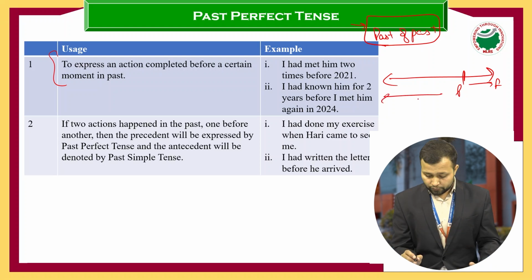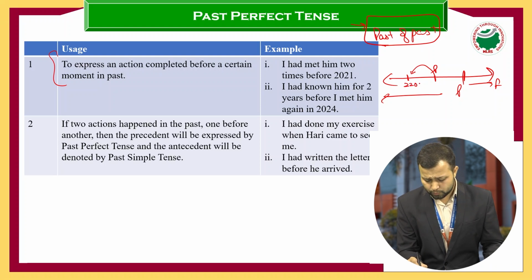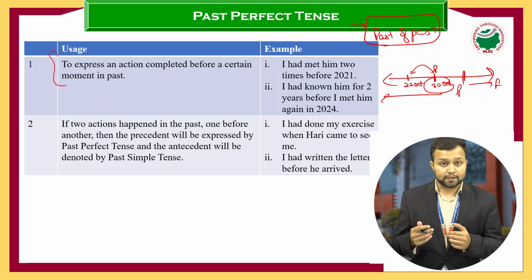So we'll take some point of time in past, and that action happened even before this point of time in past. Suppose on 22 October this thing happened, and we are taking reference of 30th October, right? 30th October is past for us now.